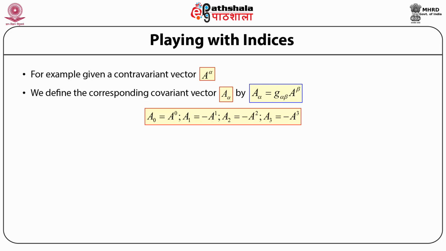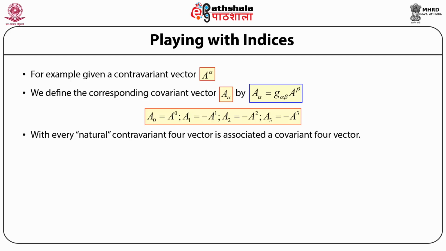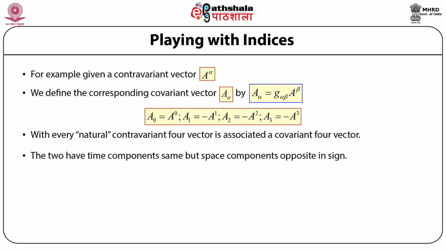So from this one can see that for every contravariant 4 vector, we also have a covariant 4 vector associated with it, obtained by the transformation discussed above. And from the above equation one can also conclude that while the time components of the contravariant and the covariant vector are the same, the space components are equal in magnitude but opposite in sign.